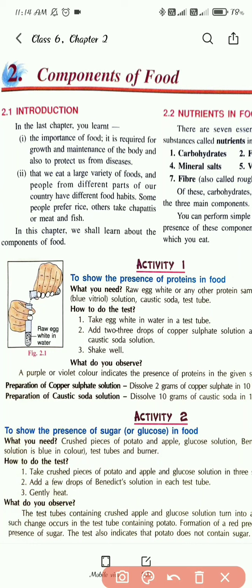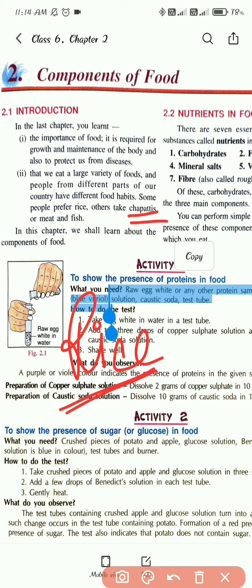Some people prefer rice, others take chapatis or meat and fish. Some people like us in Assam mostly eat rice. But some people don't eat rice, they prefer chapatis, like the people from Punjab. Chapatis, that means rotis.